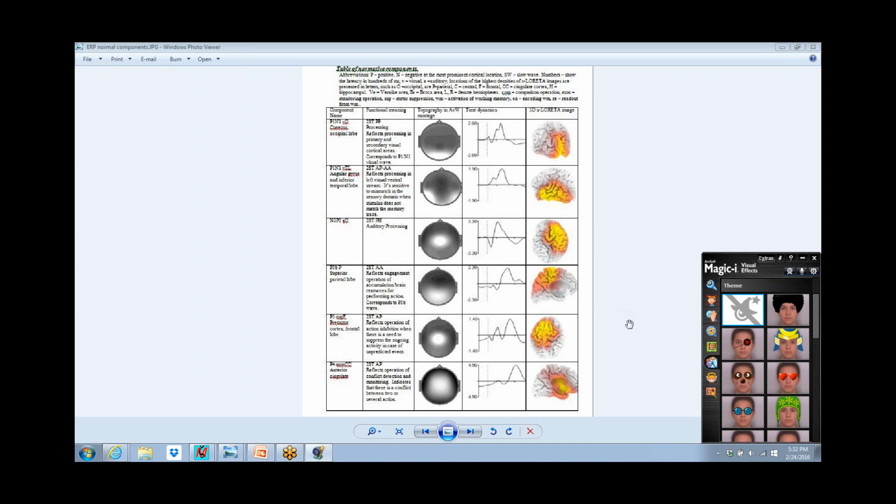So these end up being things that you can show on a case-by-case basis as well, and you'll show the deviation spatially for the generator compared to the normative generators. So there are times when sensory processing is okay on one hemisphere, but the other temporal lobe is blown out, and you'll see that lack of symmetry and a unilateral response to sensory processing.